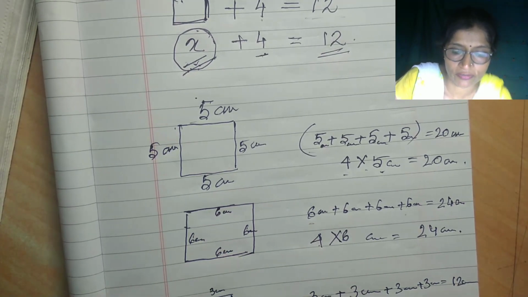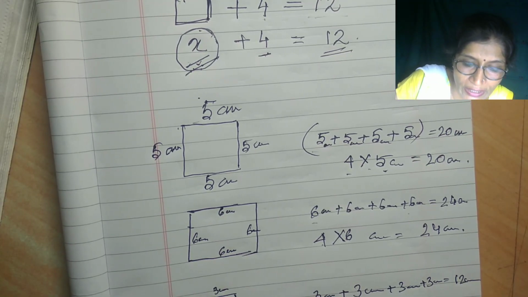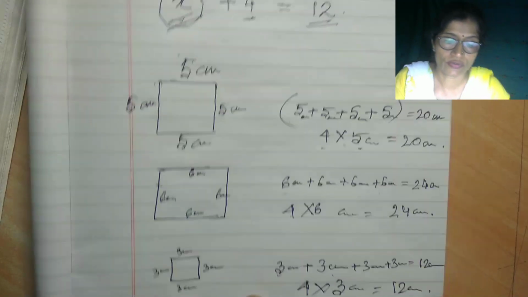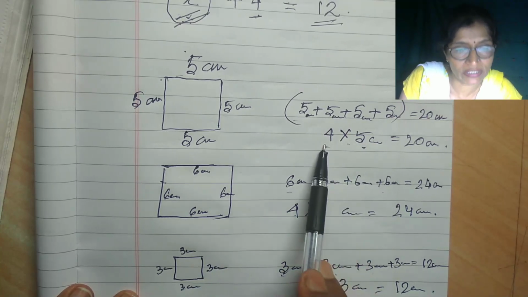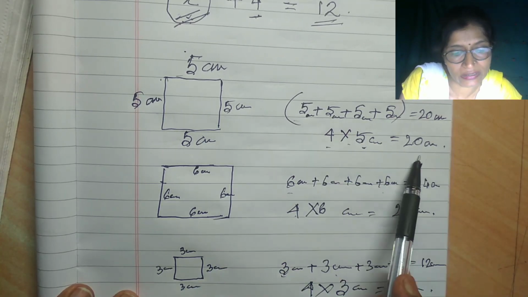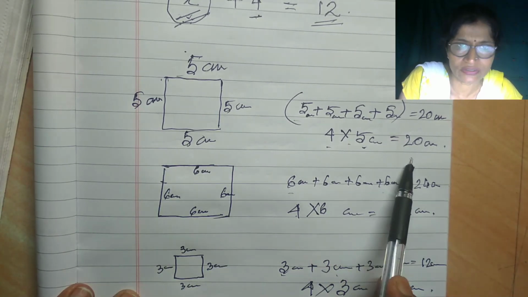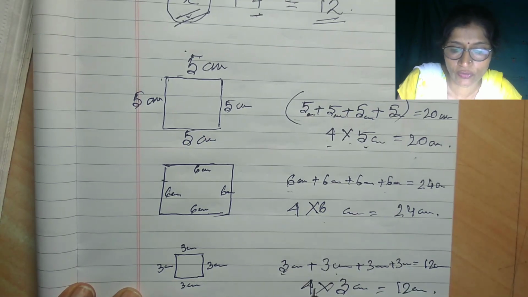Again, 4 into 3, as 3 appears 4 times, is equal to 12 centimeter. So each time, when I multiply the side by 4, I get the total length of the border, that is, the total perimeter. Here also 4 into 6, 4 into 3.